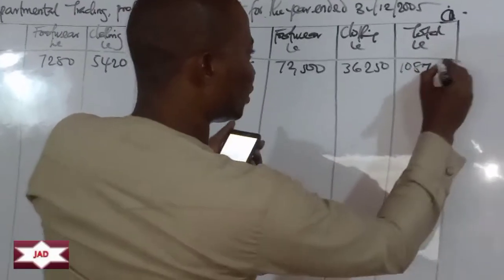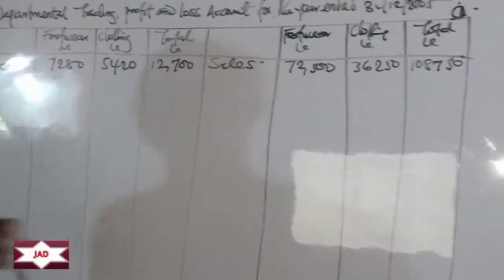Now, information A said purchases is 30% of sales in each department.